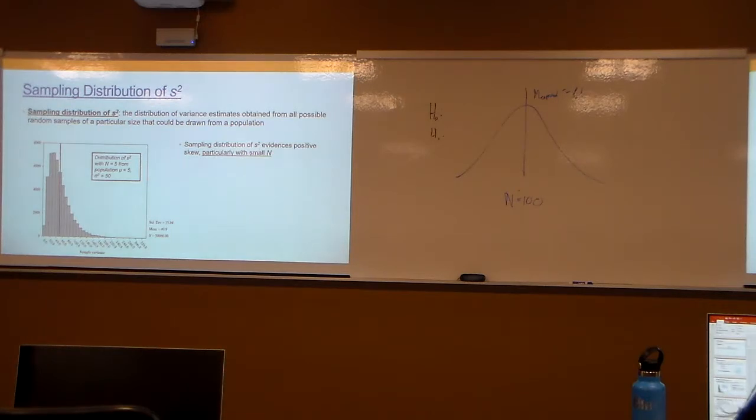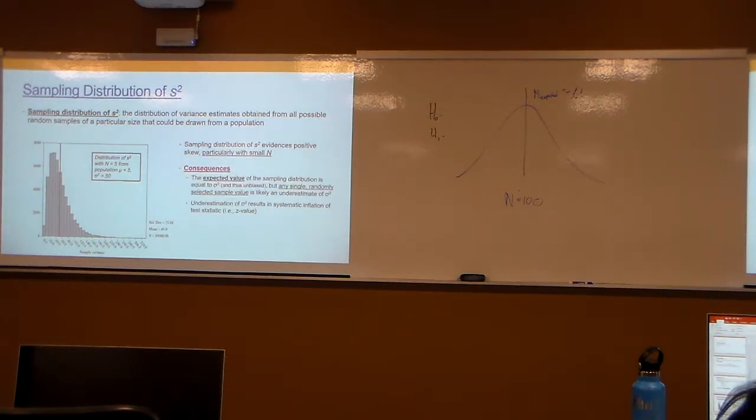And so what ends up happening, particularly in small samples, is this: this is all possible sample variances drawn from, I guess, okay, sample size 5, with population mean 5 and population variance equal to 50. If I go through and calculate variances of samples of size 5, I get a very, very skewed distribution. Okay?